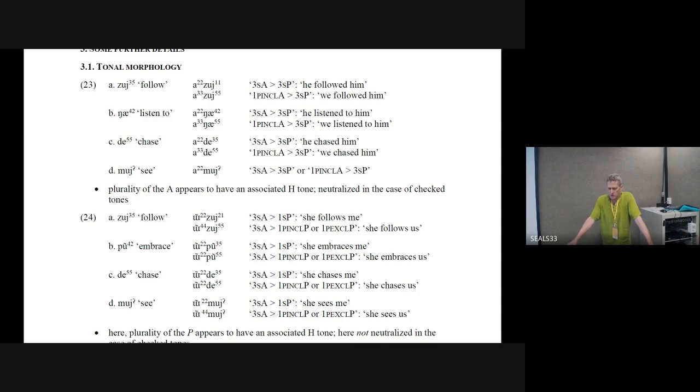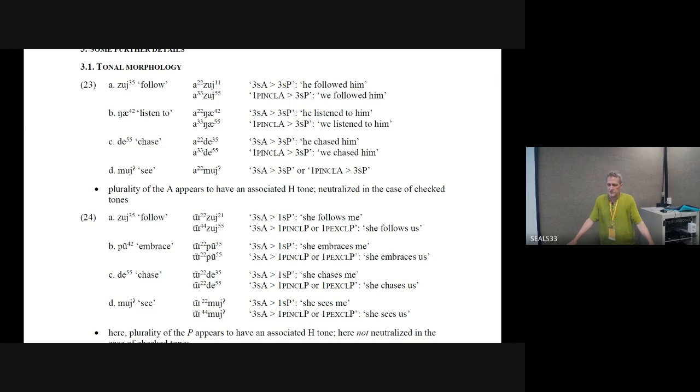The difference is whether you have a singular A or a plural A. So far we recognize 4 classes of verbs. So there are rising tone verbs like follow, there are falling tone verbs like listen to, there are high level tone verbs like chase, and then there are check tones like see.